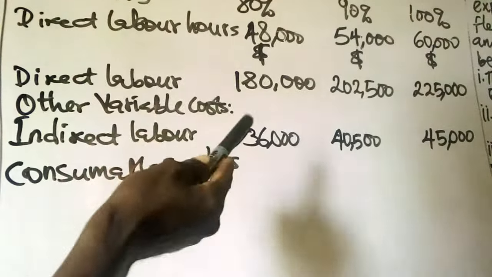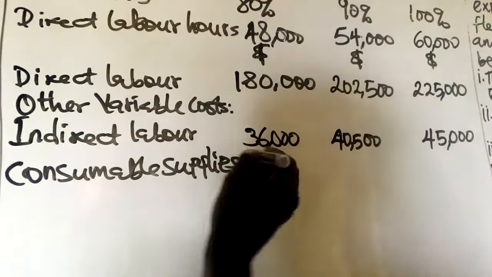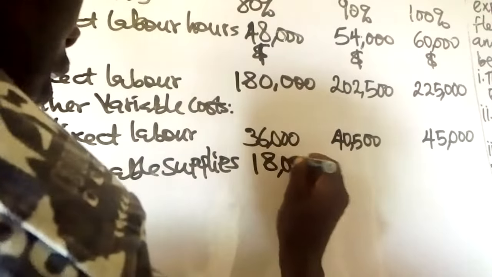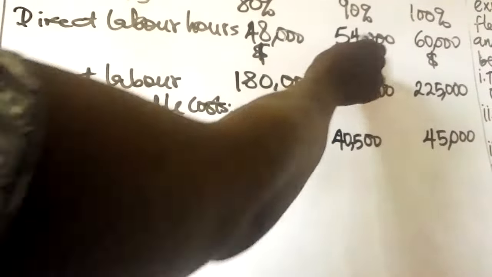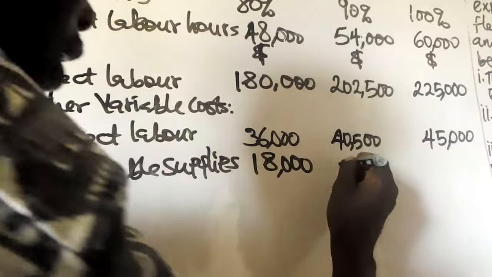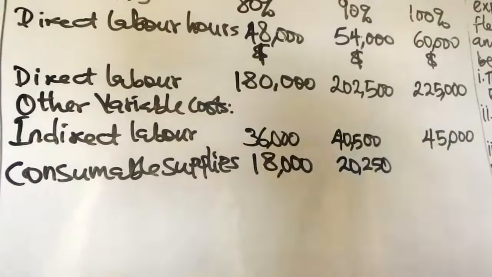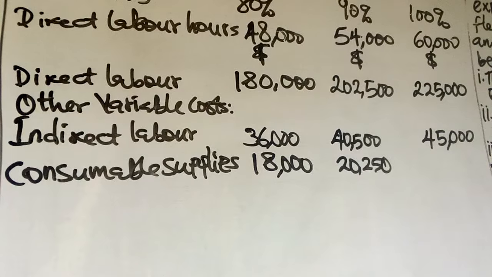So 0.375 multiplied by 48,000 will give us 18,000. Then 0.375 times 54,000 gives us 20,250. 0.375 multiplied by 60,000 gives us 22,500. That is for consumable supplies.